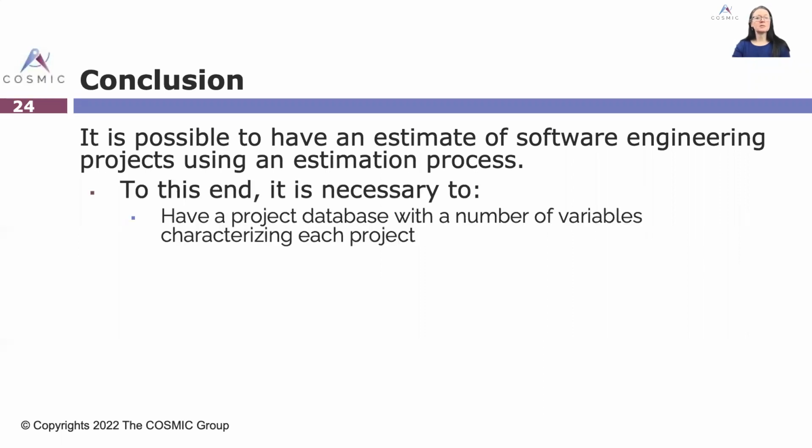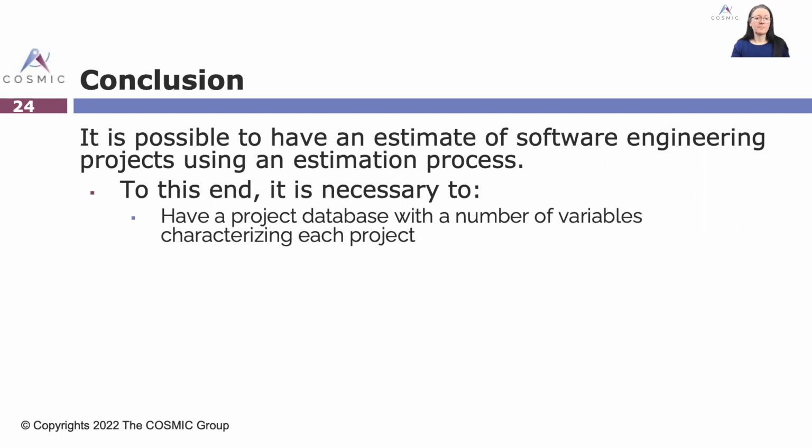And to this end, it is necessary to have a project database with a number of variables characterizing each project, because you cannot estimate a project for which most of its characteristics are very different from the project database you have. So you need to compare apples with apples.